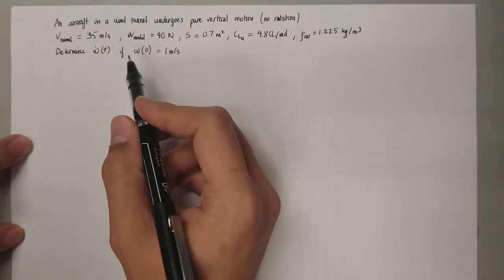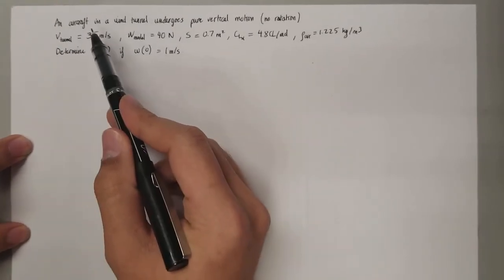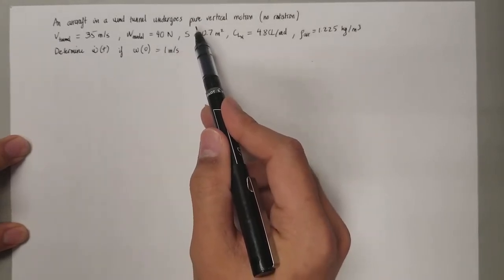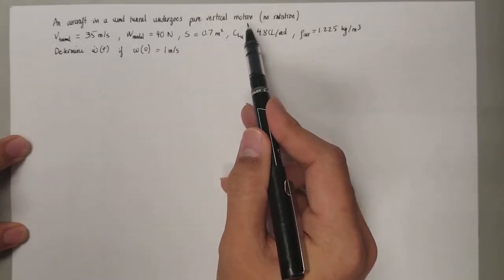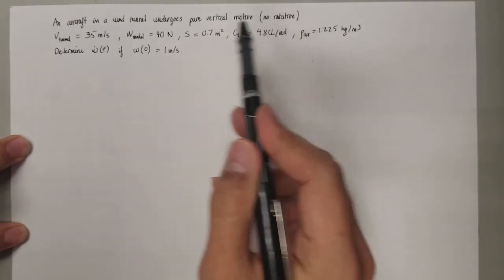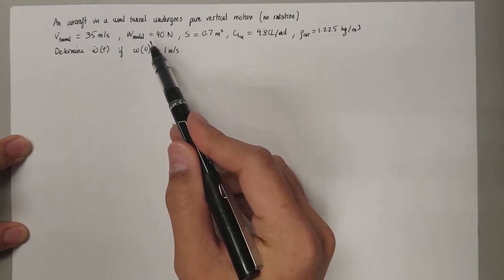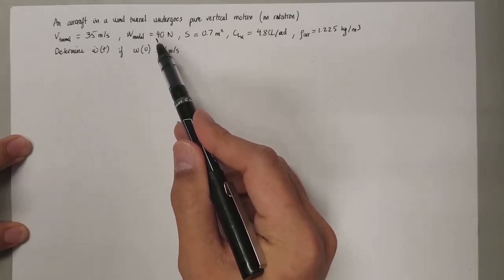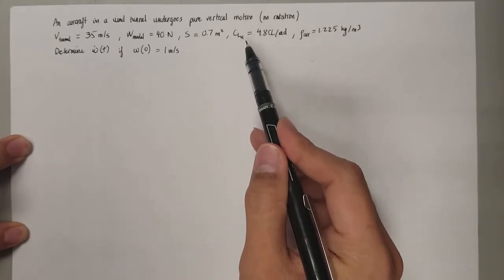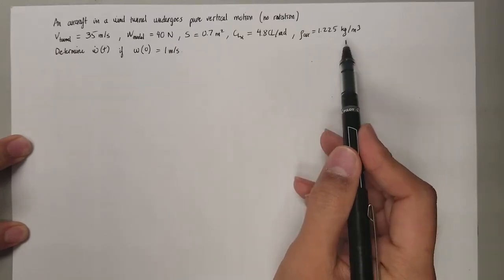So today, assume you have an aircraft in a wind tunnel that undergoes only pure vertical motion, and there's no rotation for that model. You are given the wind tunnel velocity, the weight of the aircraft model, the wing area of the model, the CL alpha, as well as the air density inside the tunnel.